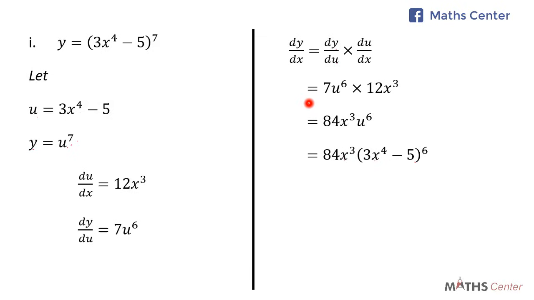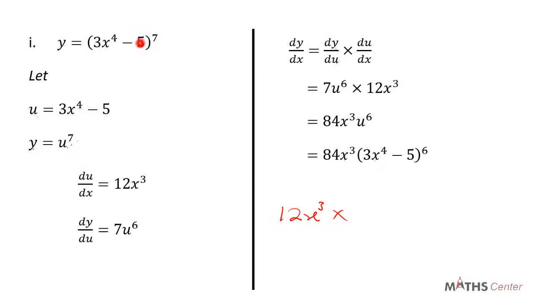Now look at this. This is how the chain rule goes. The chain rule is basically: differentiate what you have in the bracket, times differentiate the whole bracket. This is what I mean by that. Let's differentiate what we have in the bracket. We differentiate 3x^4 - 5. We know that when you differentiate 3x^4, you have 12x^3. Then times, we differentiate the entire bracket as a whole.